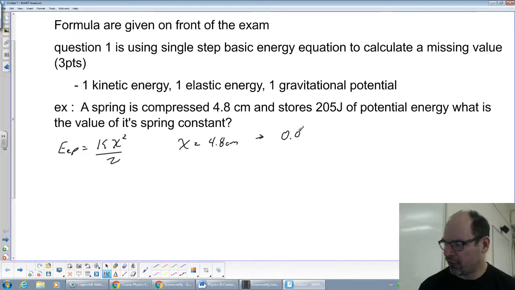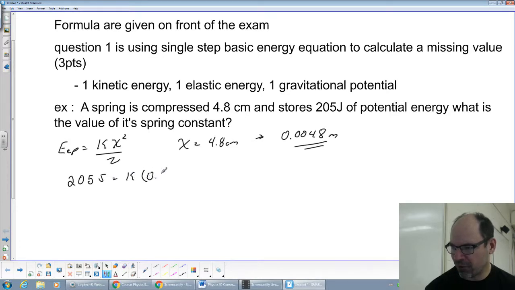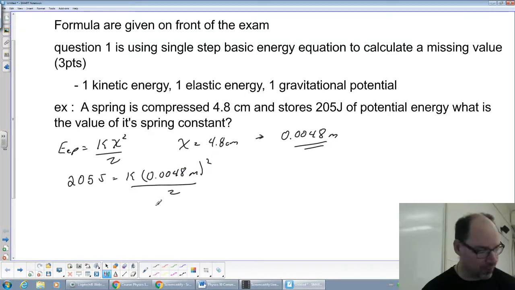So it's 0.0048 meters, which is the one we have to use. Okay, so then we've got 205 equals k times 0.0048 meters squared over 2. So we've got to take our calculator out.